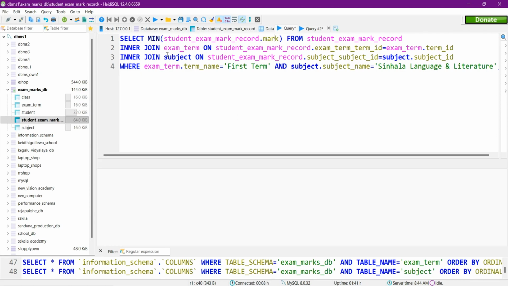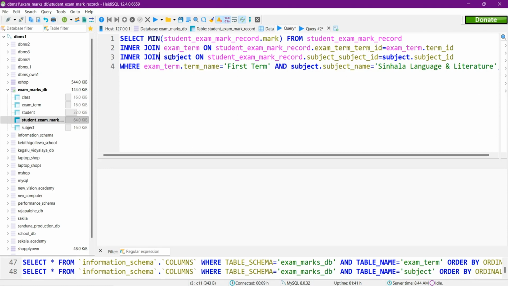Then there are 3 tables involved in the first question. First, I joined the exam term table, specifying that the term ID in the student exam mark record table is equal to the term ID in the exam term table.